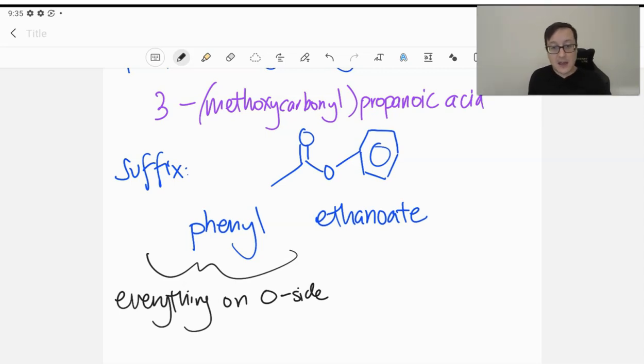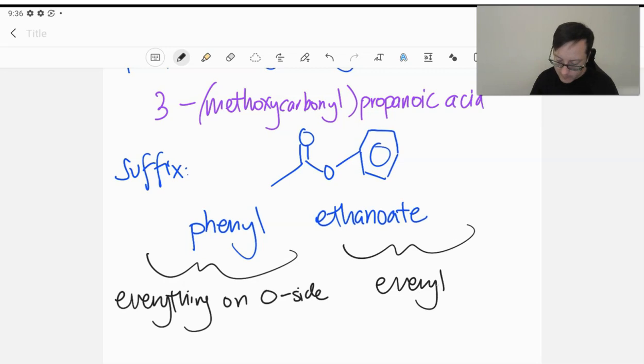And if we had a methyl group there, we would have to say, 4-methyl phenyl ethanoate with a space in between. So whatever you have on the oxygen side, you have to label first, and then you'll have a space, and then everything on the carbonyl side. So this is everything on the carbonyl side.